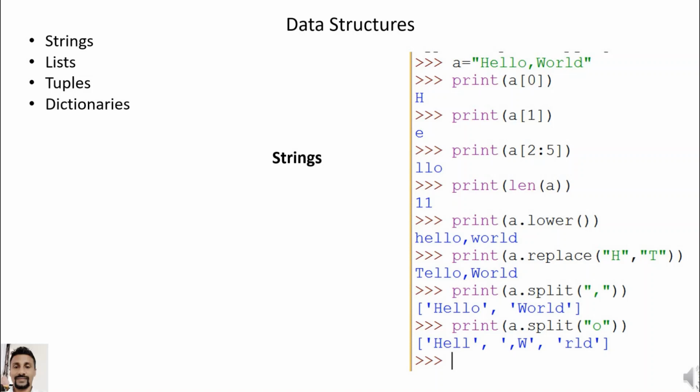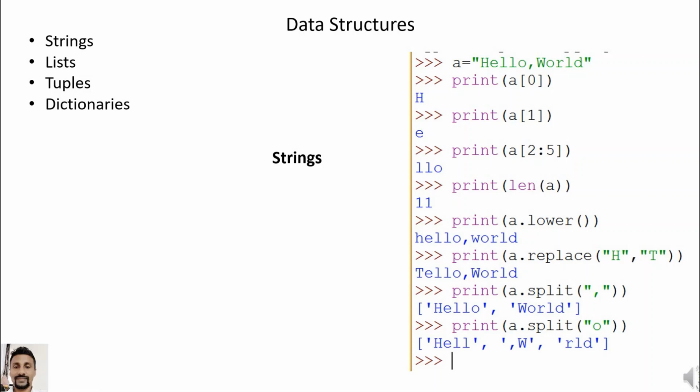Then you have split. Split means you can split your word or string by using a given character. Now here I am using a comma. That means I want to separate this string with a comma. If there is a comma inside this string, it will be separated.